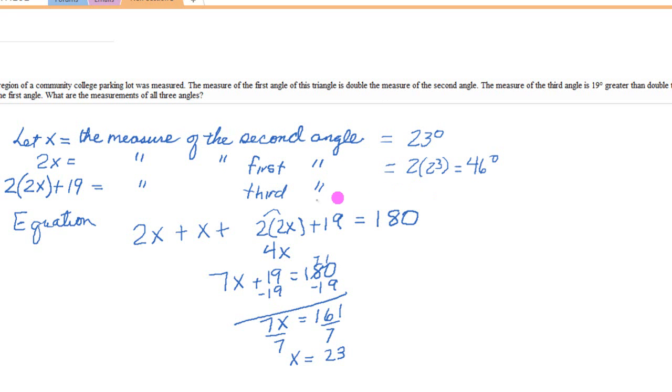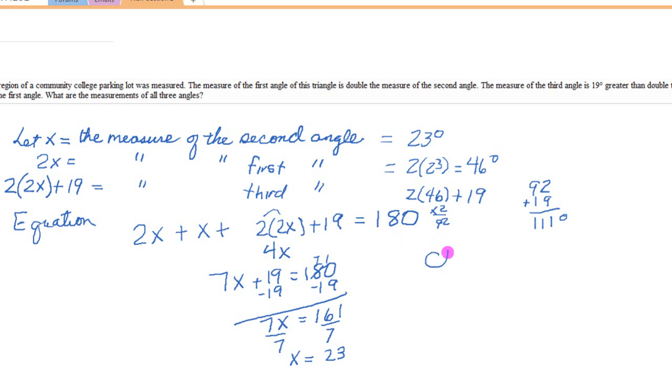The third angle is twice the first, 2 times 46 plus 19. So what's 2 times 46? 92. So 92 plus 19 is 111 degrees.